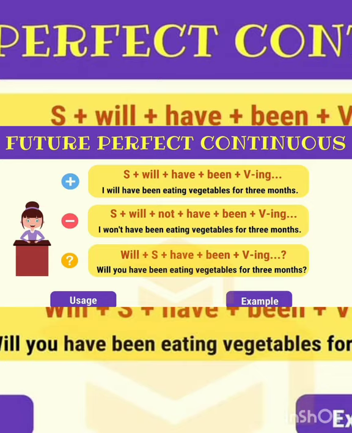And the same way in future continuous tense and in future perfect continuous tense, we are adding ing to the main verb, because this ing symbolizes the continuation of the action, as the names of the tenses represent: present continuous tense, present perfect continuous tense, past continuous tense, past perfect continuous tense, future continuous tense, and future perfect continuous tense.